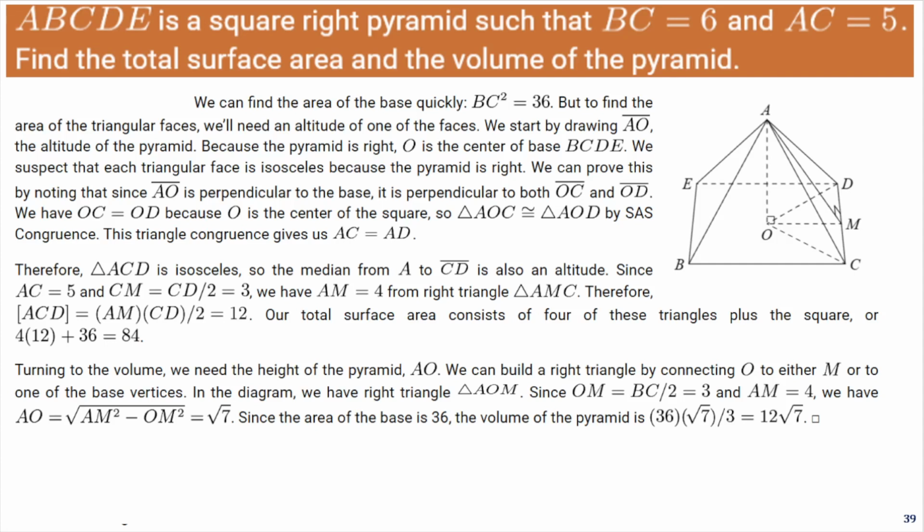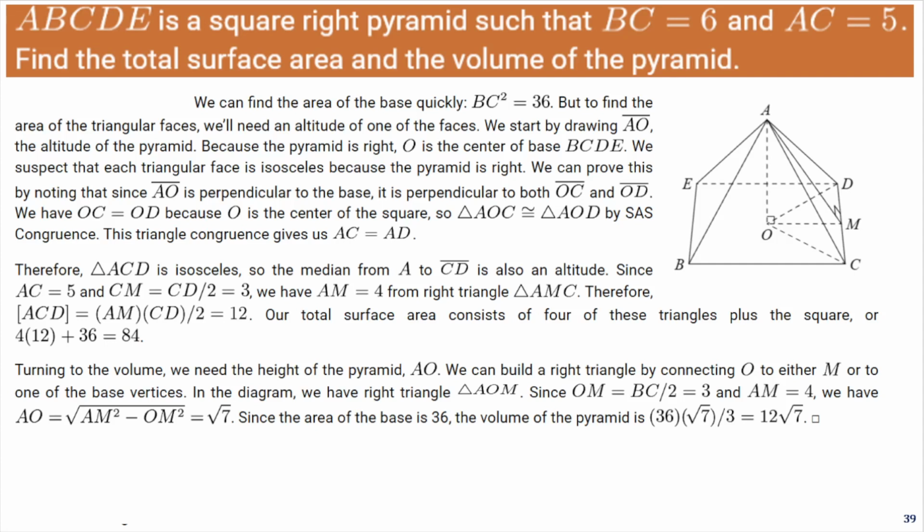Since the area of the base is 36, the volume of the pyramid is 36 times root 7 over 3, which gives us 12 root 7. Once again, we built right triangles to find the length we needed.